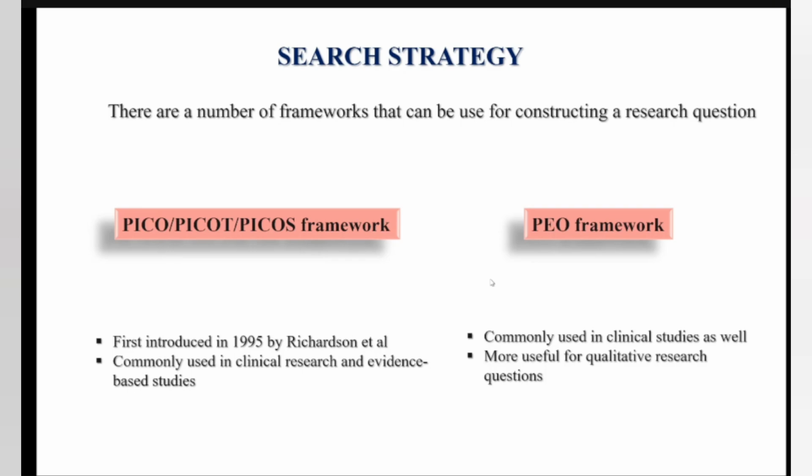Study design is like we have seen in the evidence synthesis, evidence hierarchy table, that RCTs are at the topmost level. If we take observational studies, they might influence our results.